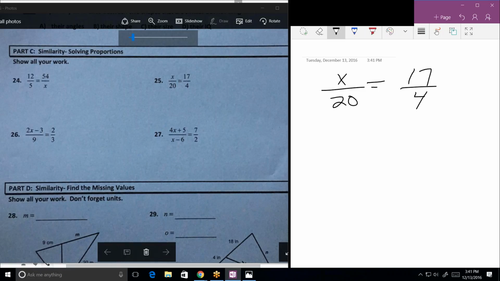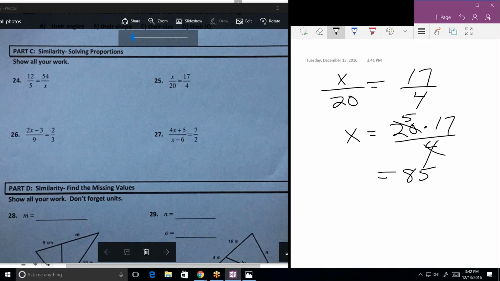The first step here: cross multiply. Notice that cross multiplying is actually a little self-defeating here. I can multiply both sides by 4 and both sides by 20, which is what cross multiplication is. But what if I just multiply each side by 20? Is that not easier? And then you get 85.